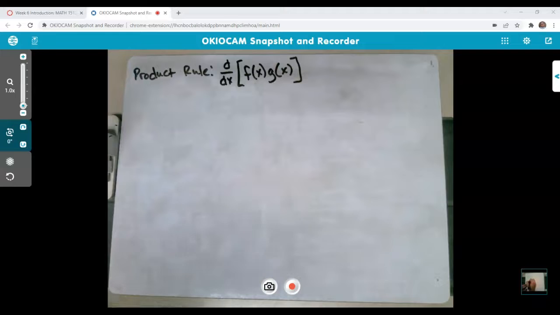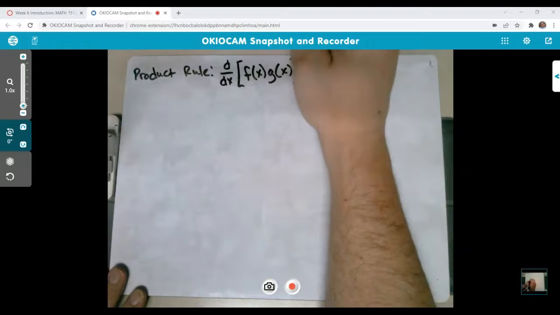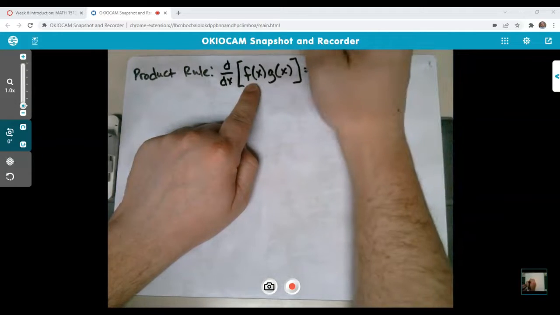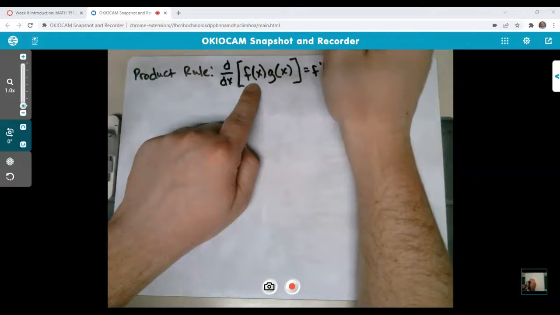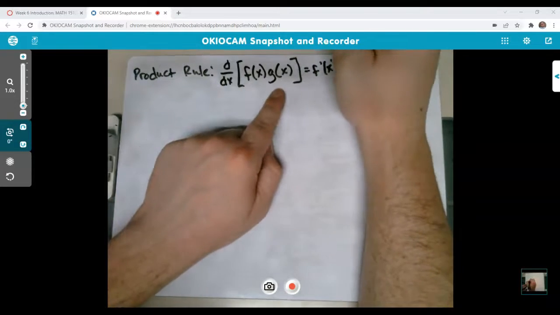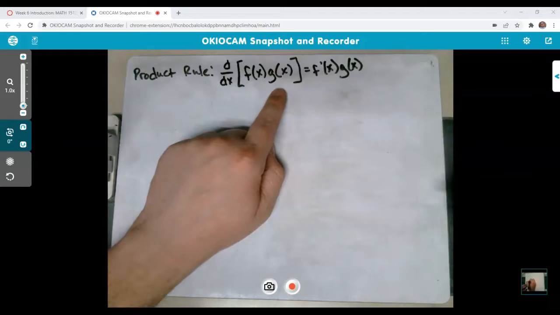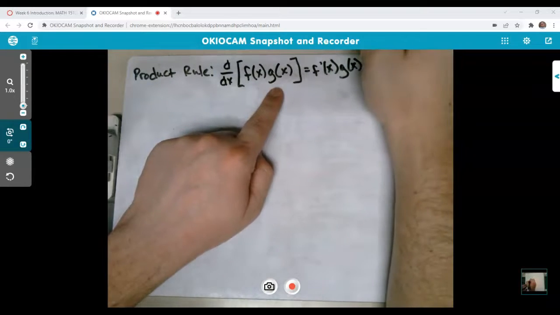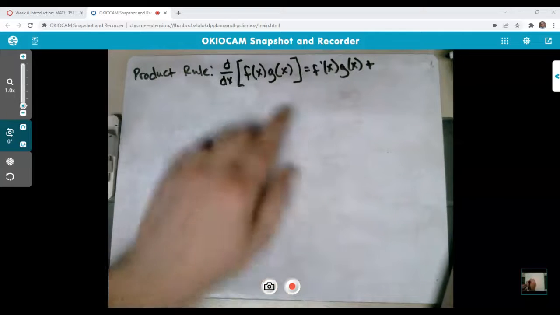When you are doing the derivative of a product, this is how it's done. Take the derivative of the first part, so f prime of x, and multiply that by this part. So do the derivative of the first part, leave the second part. Plus, then switch them.